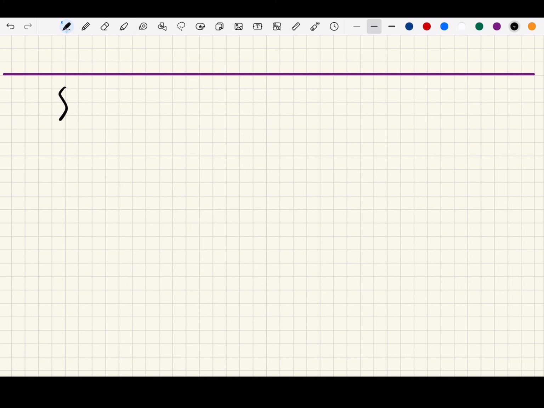Integral tangent square x cosine cube x dx. Well, I think what I'm first going to do is think about the tangent. That's sine over cosine, right? So I'm going to see if there's anything I can do here.